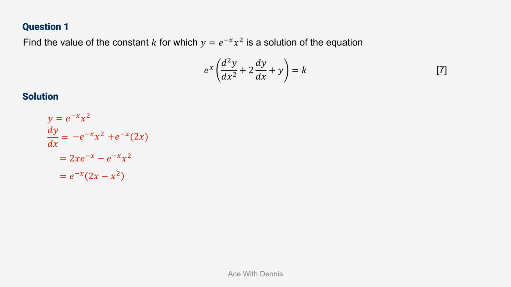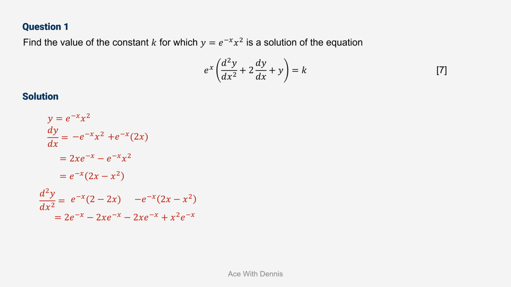By doing this, we can differentiate a second time easily by applying the product rule again, where we'll get e to the power of negative x times 2 minus 2x, minus e to the power of negative x times 2x minus x squared.